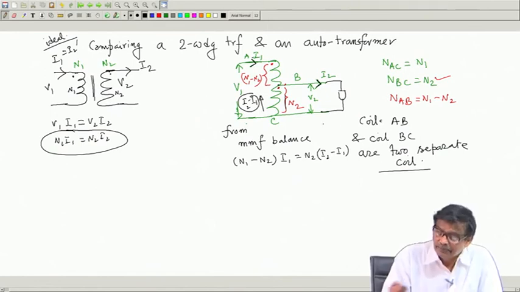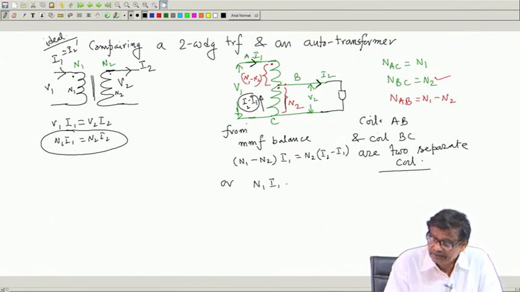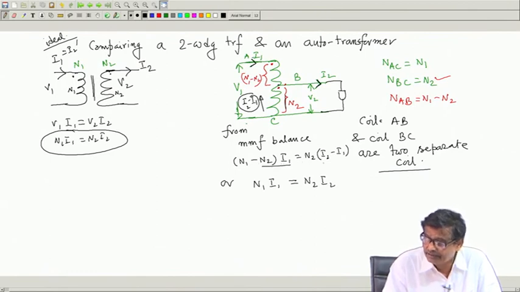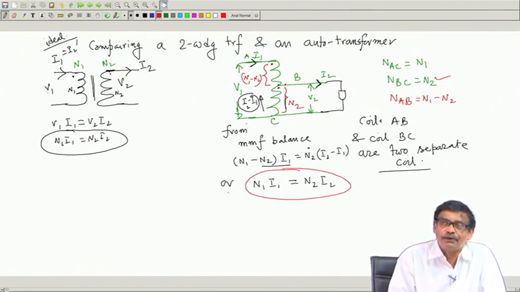But in the case of an auto transformer, I get this relation, or I will say that N 1 I 1 minus N 2 I 1 equals N 2 I 2. So, minus N 2 into I 1, this term and this, and minus N 2 I 1 will cancel out, once again giving you this relationship, same as this fellow.